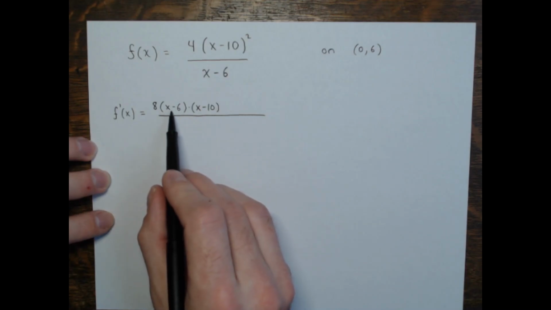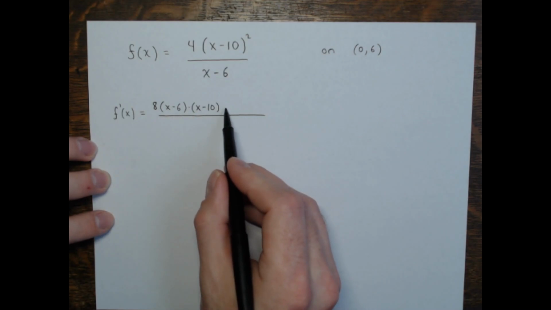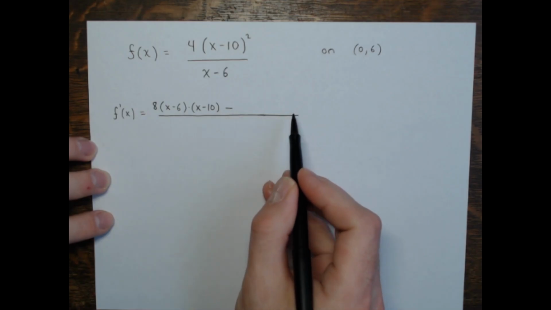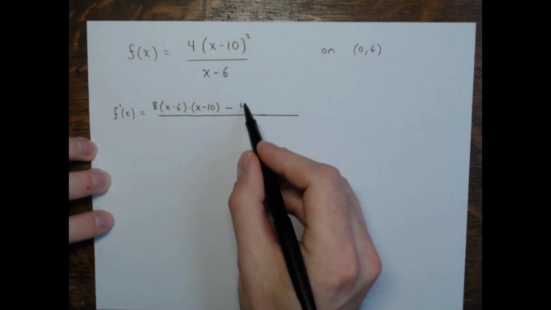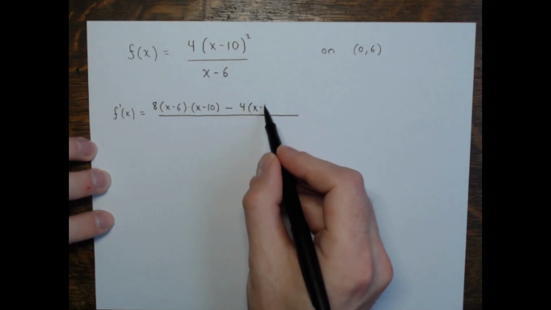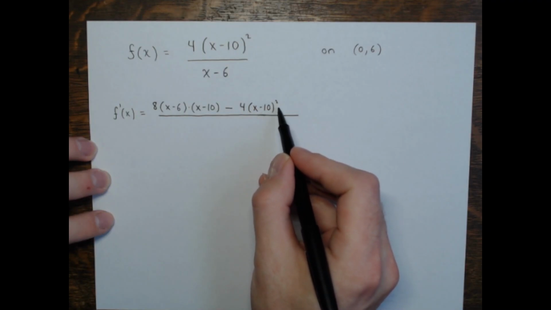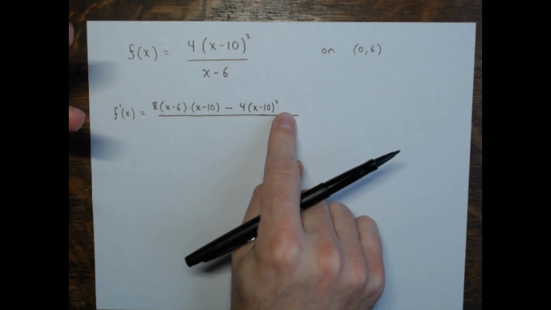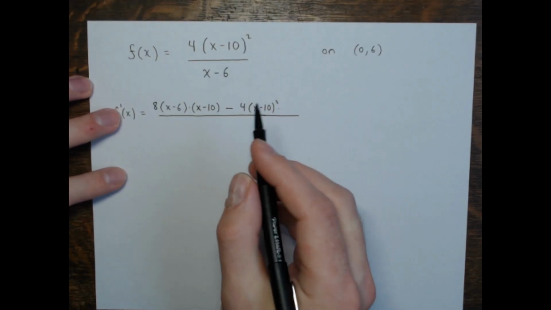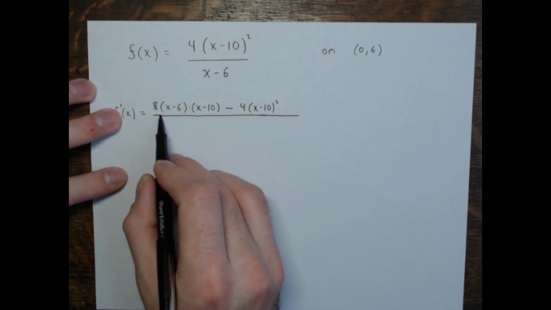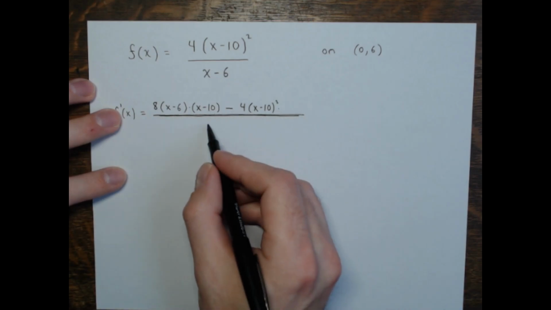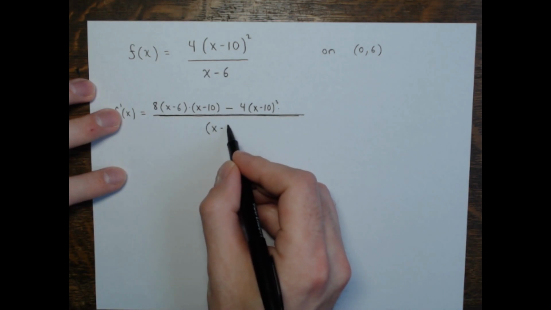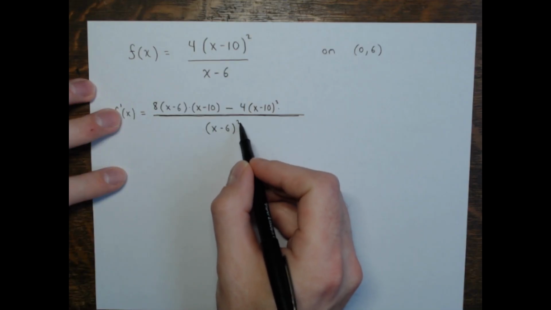So denominator times the derivative of the numerator, and then minus the numerator, 4 times this x minus 10 squared, times the derivative of the denominator, which is just 1, so I'm not going to put that. You can put times 1 if you want. And then all of that, everything I just wrote, divided by the denominator, this x minus 6 squared.